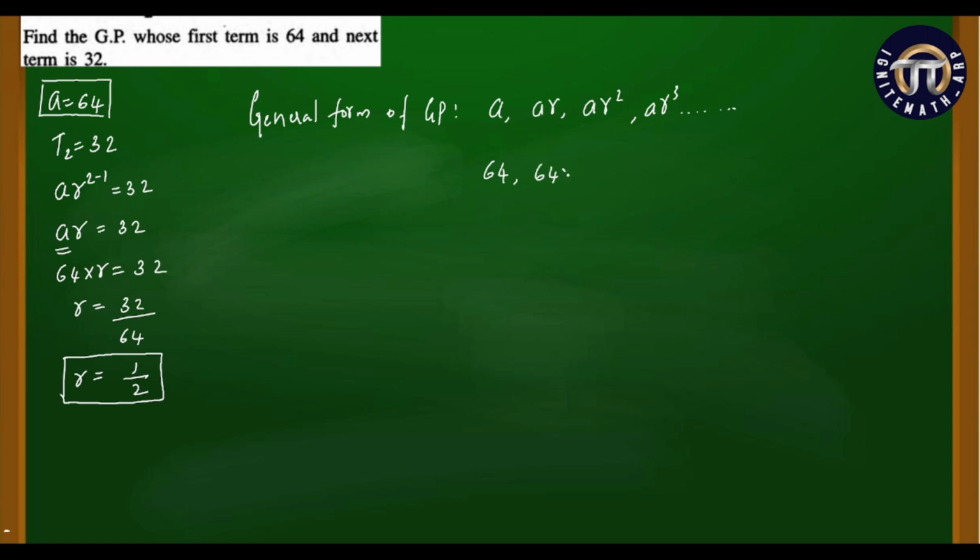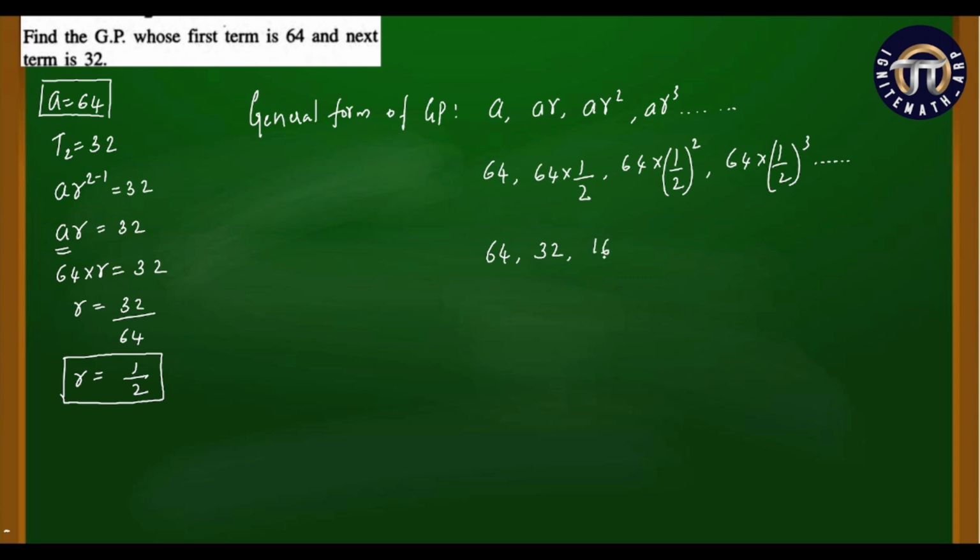Then 64 into 1 by 2 because R is 1 by 2. Then 64 into 1 by 2 the whole square. Then 64 into 1 by 2 the whole cube, so on. At least 3 terms to be found out. So now I can write the first term is 64, second term is 32, then 64 into 1 by 4.